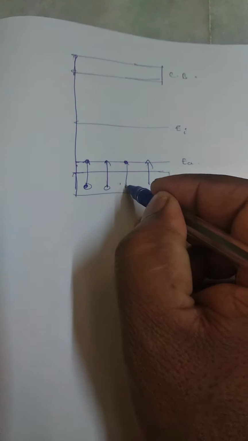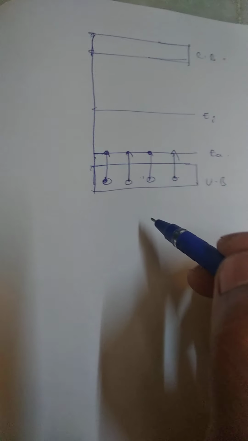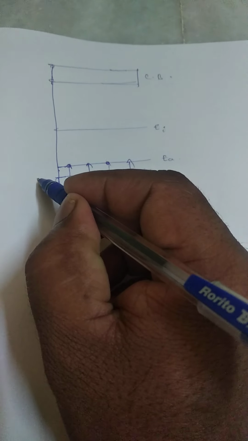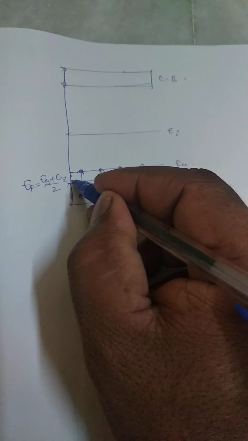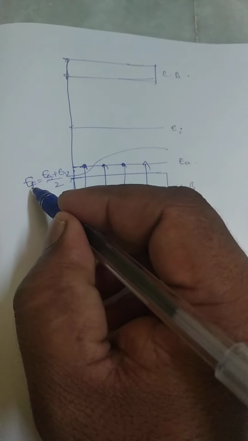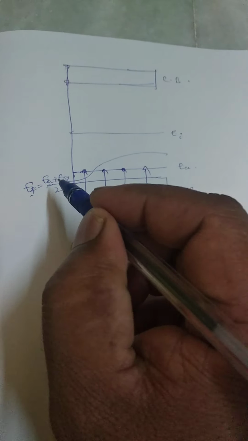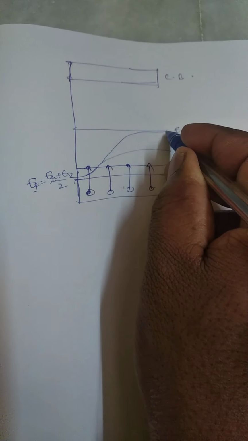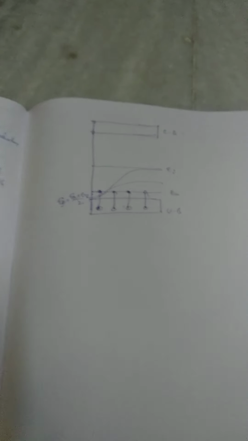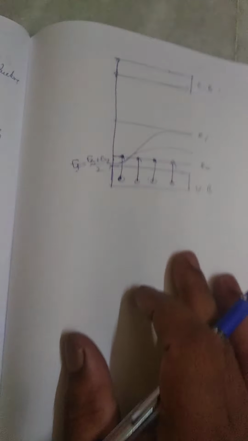At low temperature, Fermi level lies between EA and EV. At high temperature, the Fermi level goes to the intrinsic energy level. This is the explanation about p-type semiconductors.